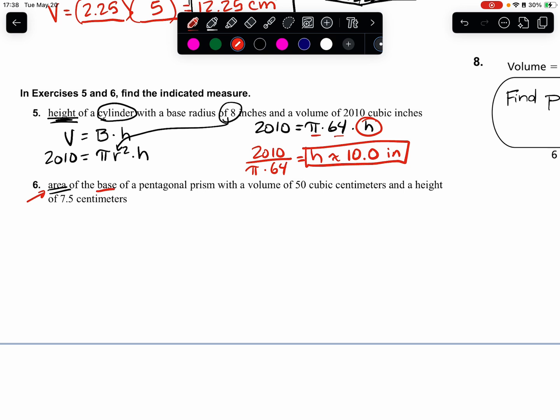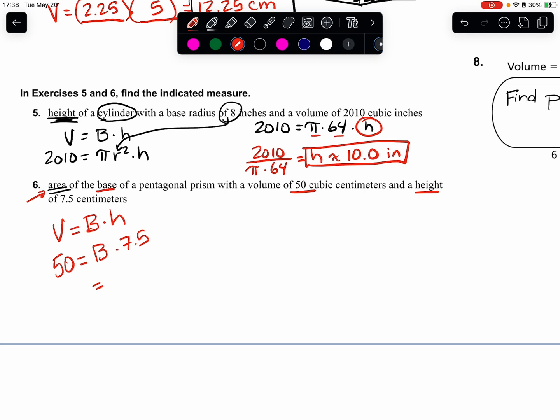So this one here, it says find the area. Area of what? Area of the base. Again, volume equals, hopefully I'm not sounding like a broken record. They give us the volume, 50. I need to figure out the base. Oh, they give me the height, 7.5. So simple, right?